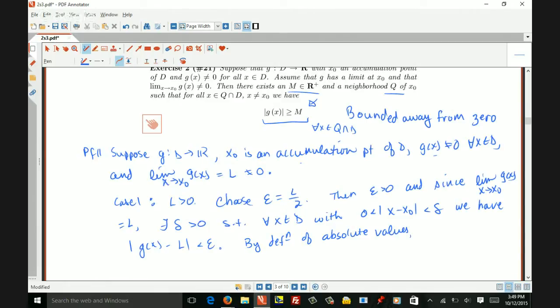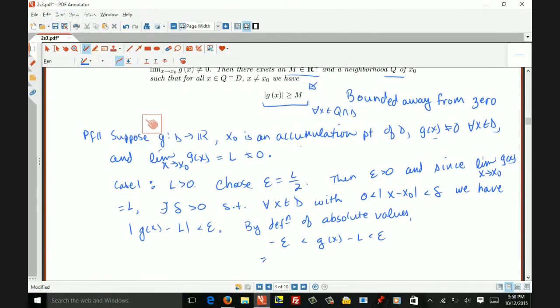By the definition of absolute value, I know that there exists, let me do it this way. I won't skip steps. Are we good with that? We want to get g of x by itself. Any ideas?